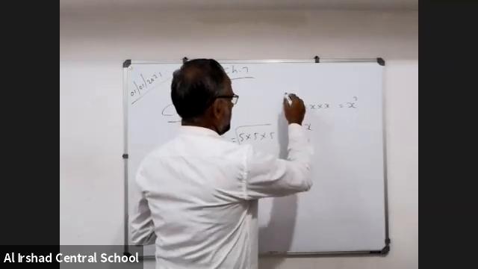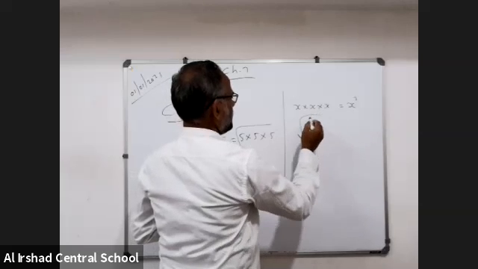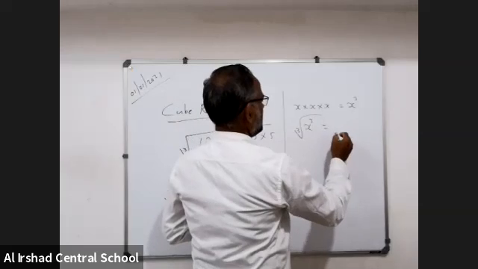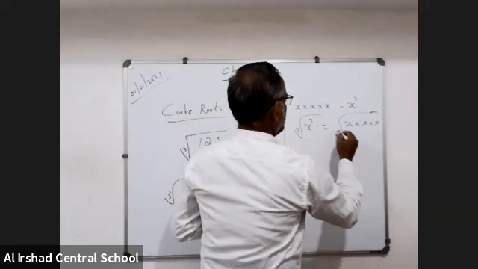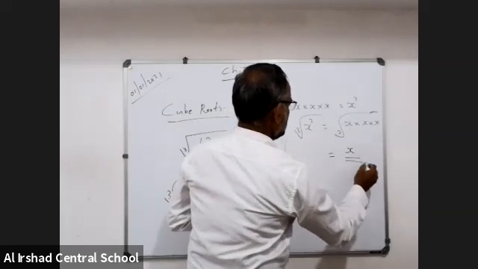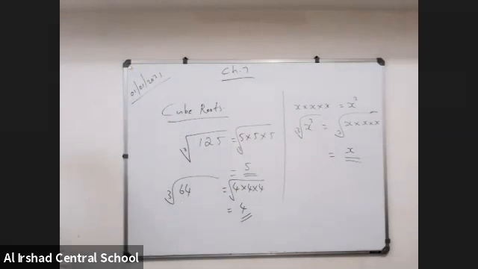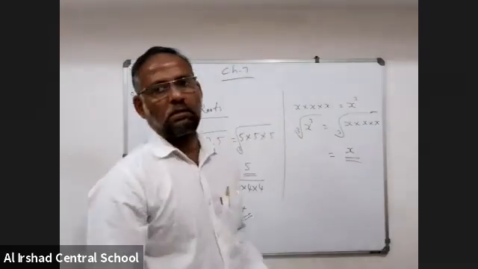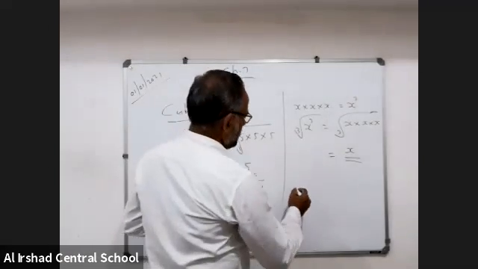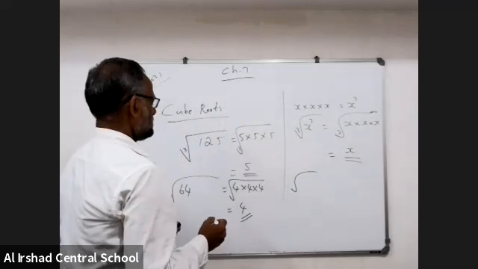So cube root of x cube is equal to cube root of x into x into x, that means x.